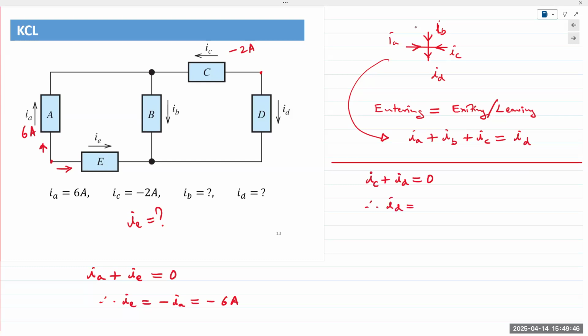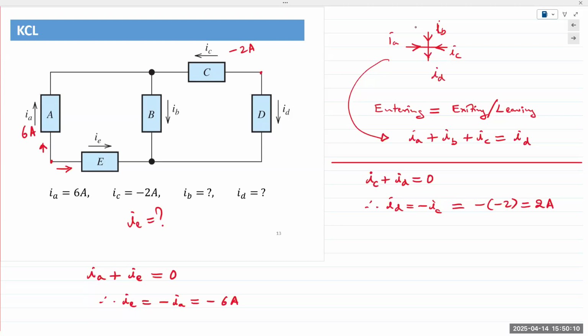Therefore, ID is equal to minus IC. And IC itself is given as minus 2 amps. So minus of minus 2. Hence, ID is 2 amps. Which makes sense. They're both flowing in the same direction. Series circuit, so it has to flow in the same direction. Cannot go anywhere else.